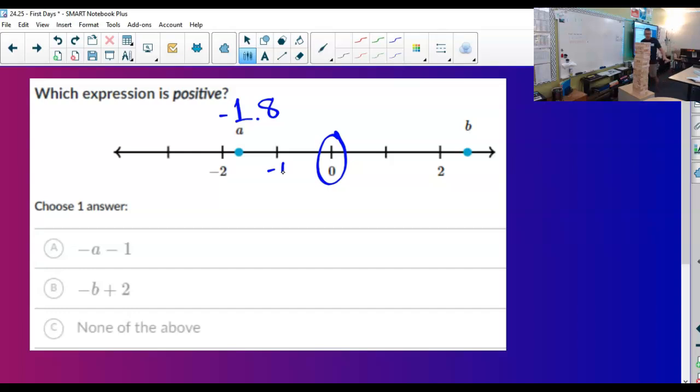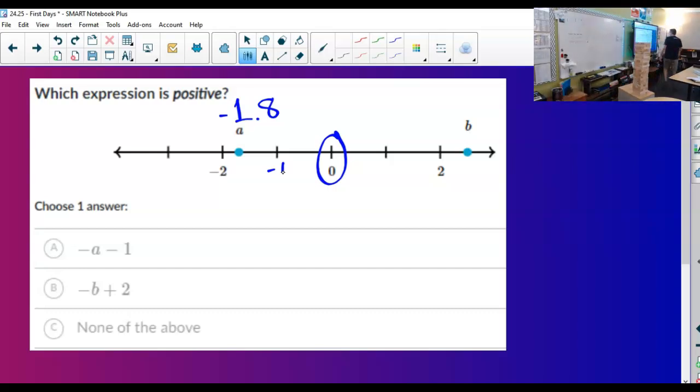What about B? Where is B approximately? Owen, can you help me out? Where's B approximately? I want to make sure you're not falling asleep back there. B would be at positive 2. Wait, is it just at positive 2 or past it?